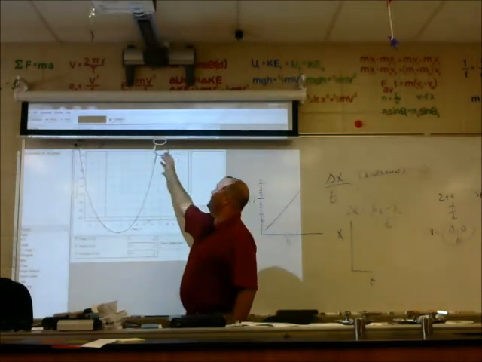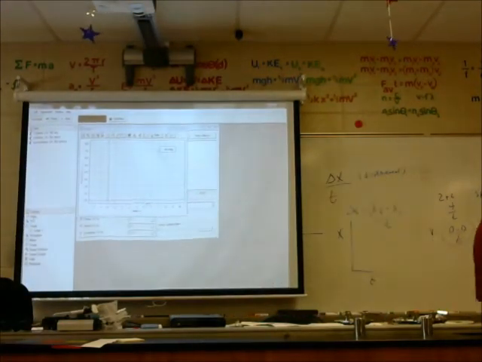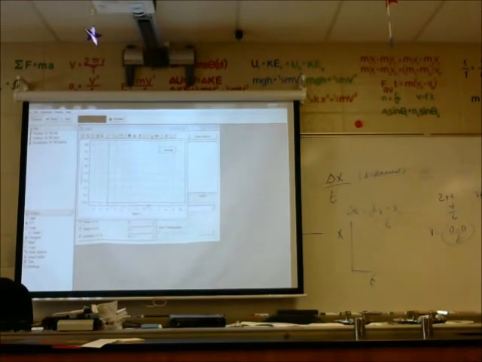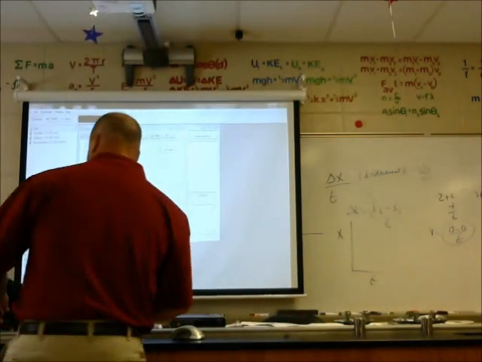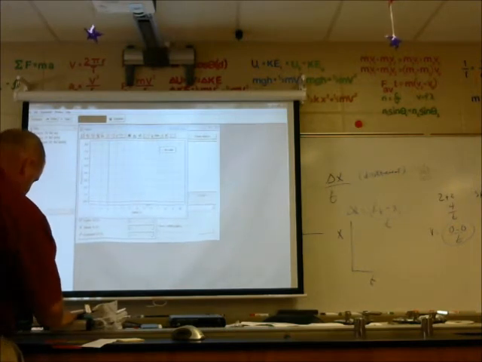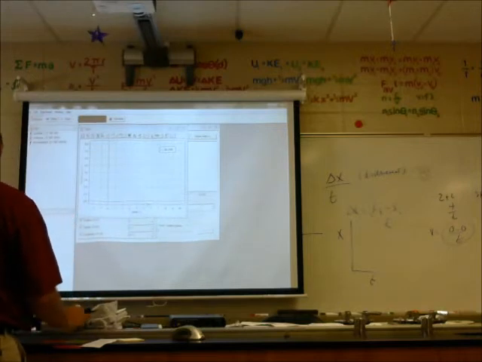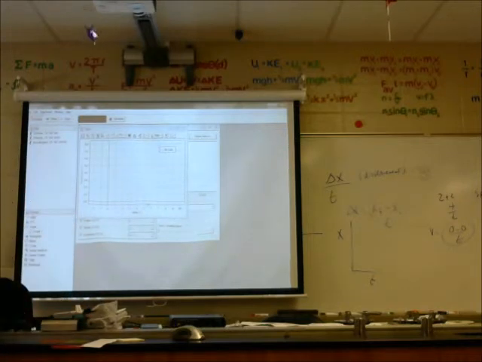Let's see if in fact it does. I have here a computer that's hooked up to it's got a motion detector. It's got a motion detector down here that measures how far this thing is from it, like 30 times a second. And as it goes down there, it'll plot that graph.